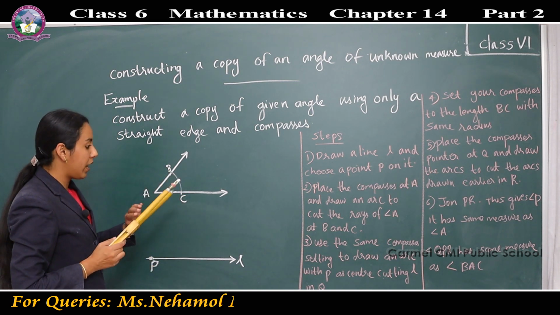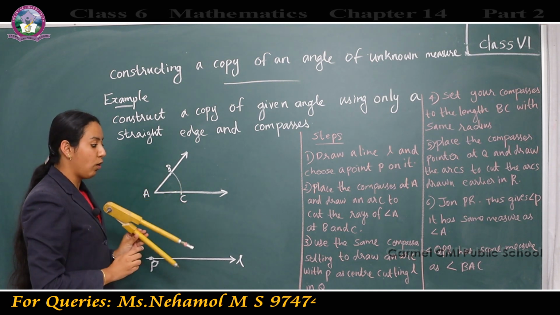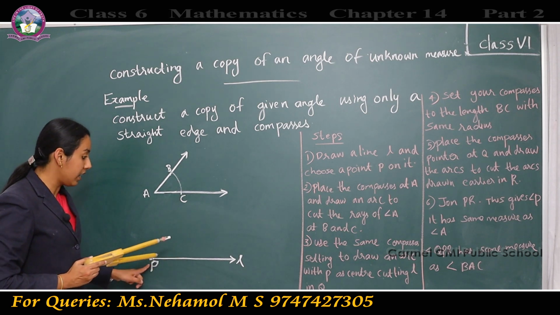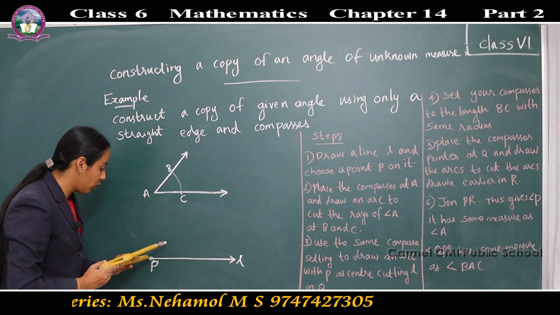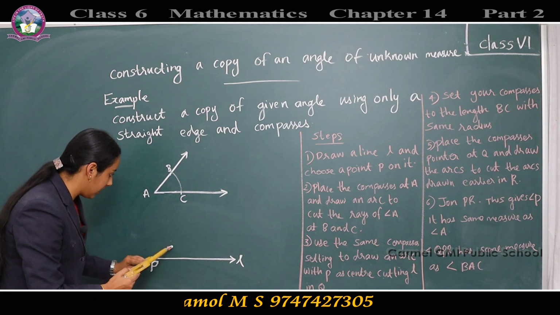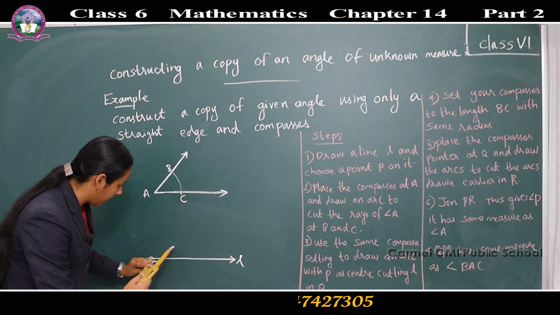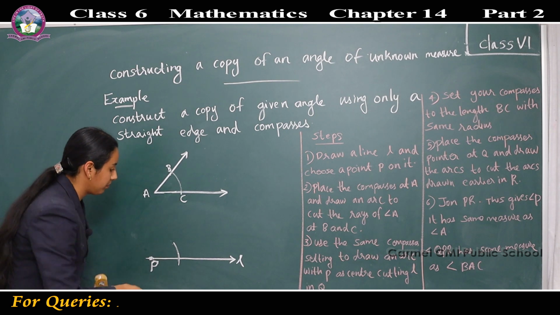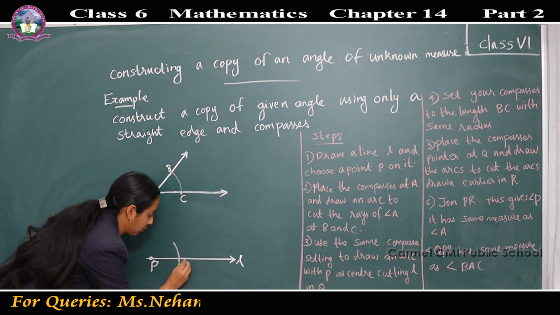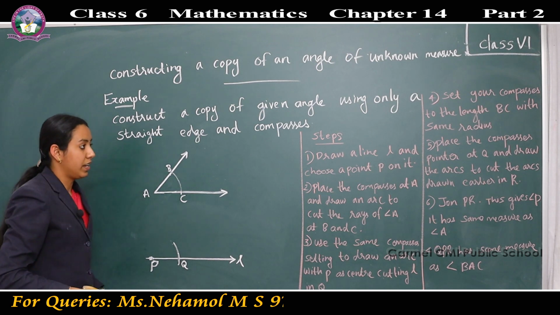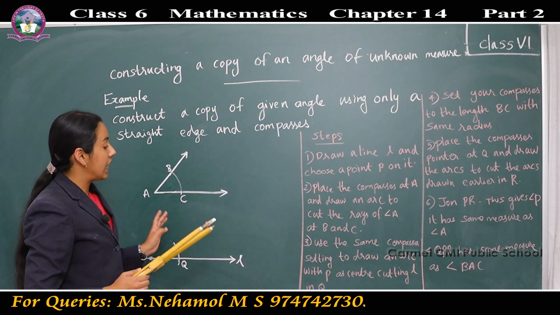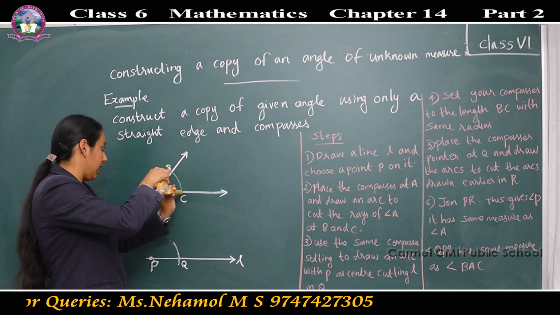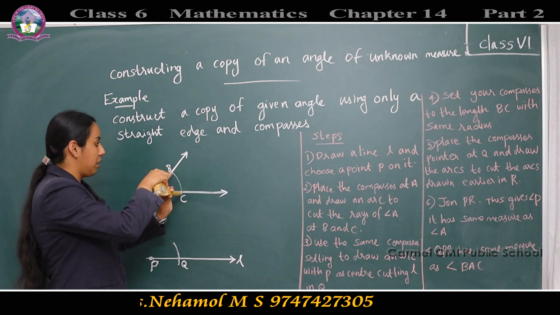Now, use the same compass setting. Without changing the compass setting, we have to draw an arc with P as center, cutting the line L in Q. Now this is Q. Then set your compasses to the length of BC with the same radius.